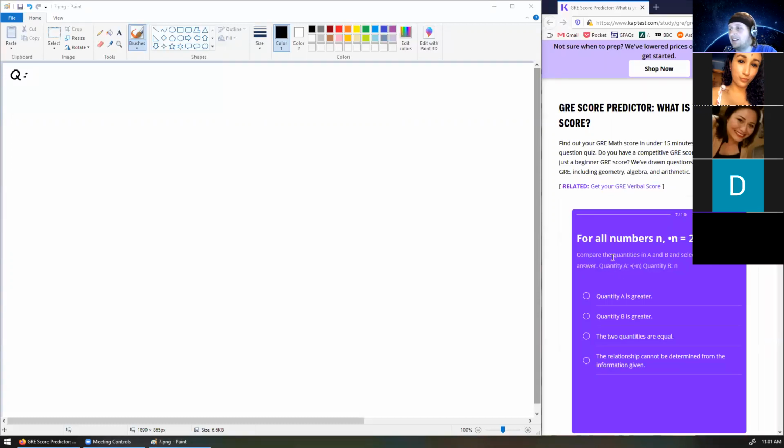It's basically just saying compare quantity A and quantity B, and then describe it. The answer is just describing which statement is true, which statement describes them the best.